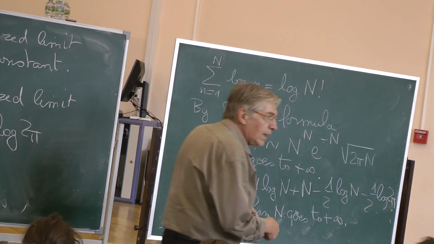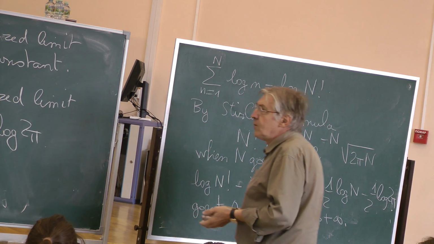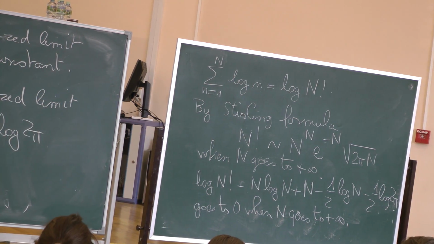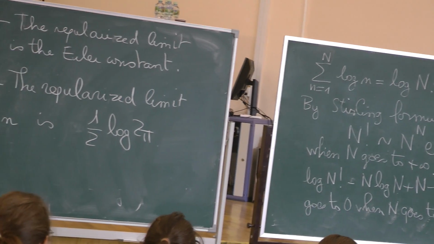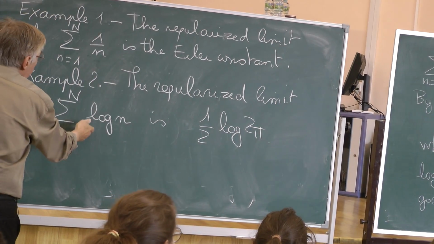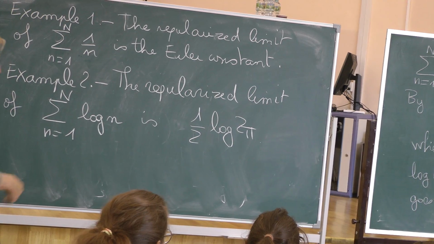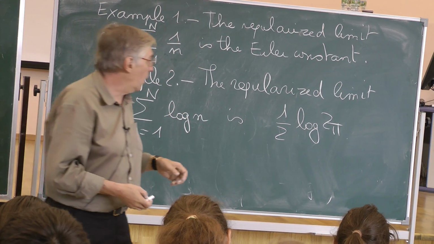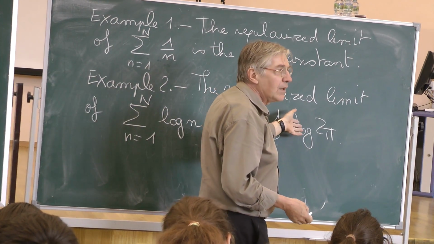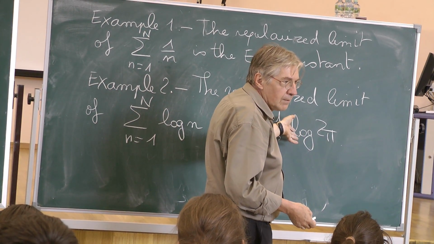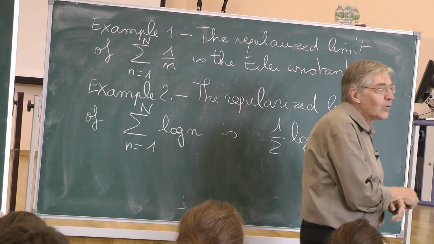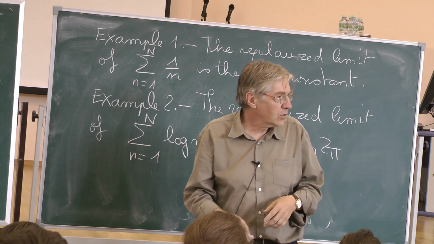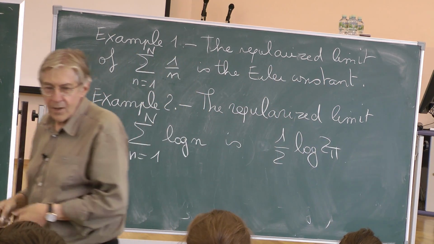So we are now able, more or less, to give a meaning to certain series which are a priori divergent, but we can nevertheless, by this procedure, assign them some value. And we want to understand what are the relations between these values that we can compute directly like this and the coefficients of the expansion of the Riemann zeta function at 1, at 0, or at negative integers.